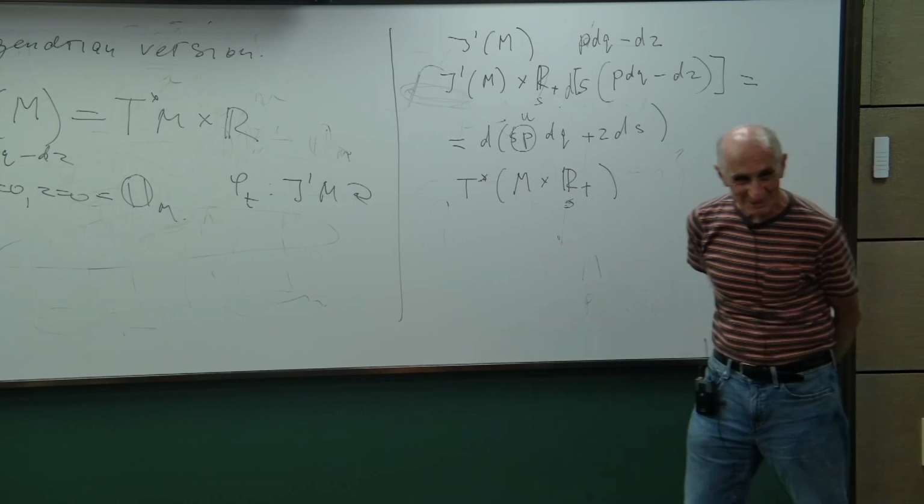But if φ_t is a contact isotopy of the one-jet bundle, it need not extend to a Hamiltonian isotopy of the symplectization, right? I will prove it. Okay.